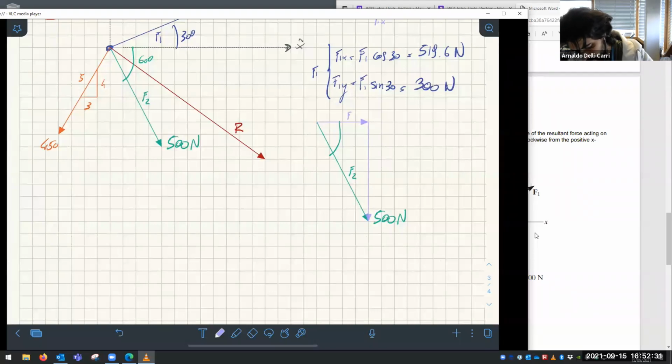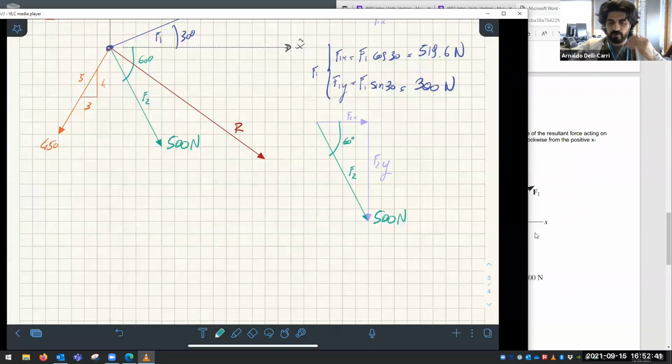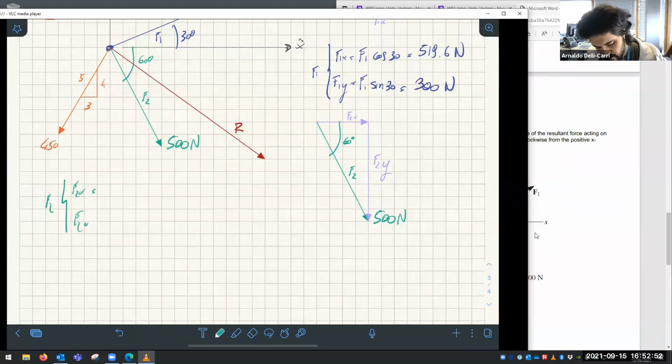This is F2x, this is F2y. And this is 60 degrees, as I was saying. So what do we use for F2x? Sine or cosine? Cosine. So F2 cosine of 60 equals.